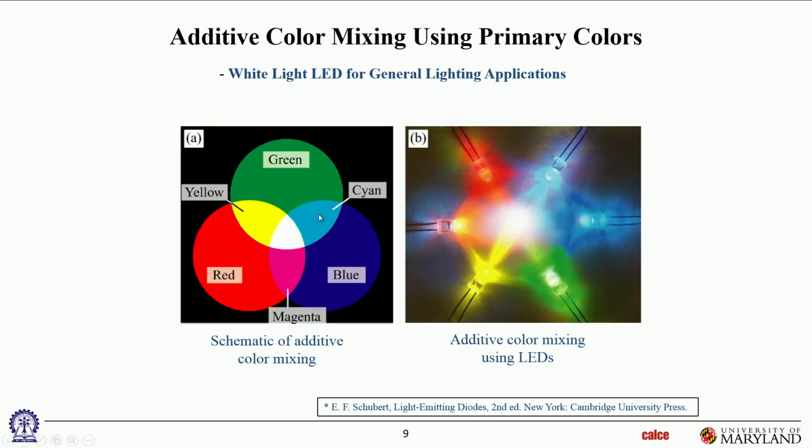So white light. How do we make white light? As I said, either you take multiple colored LEDs, blue LEDs, red LEDs, green LEDs, and when you mix them in the right ratio, you get white light. That's your standard RGB mix. So you need multiple LEDs to make white light in that technology.